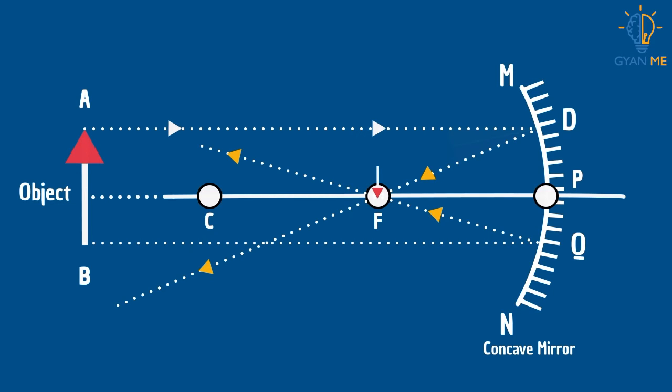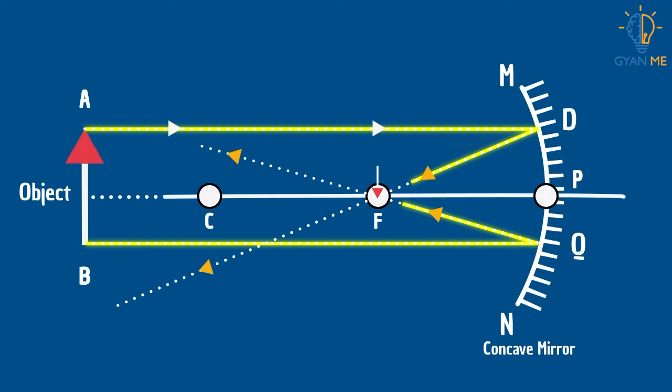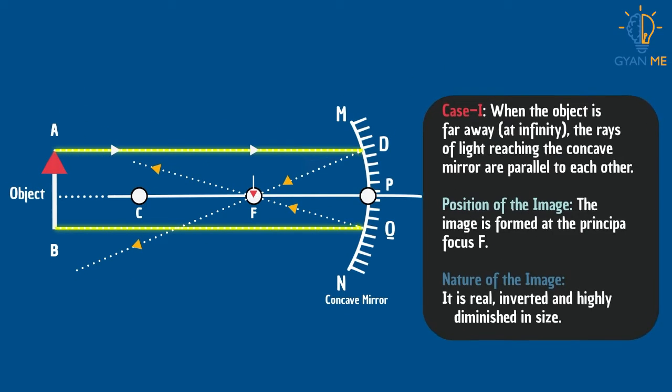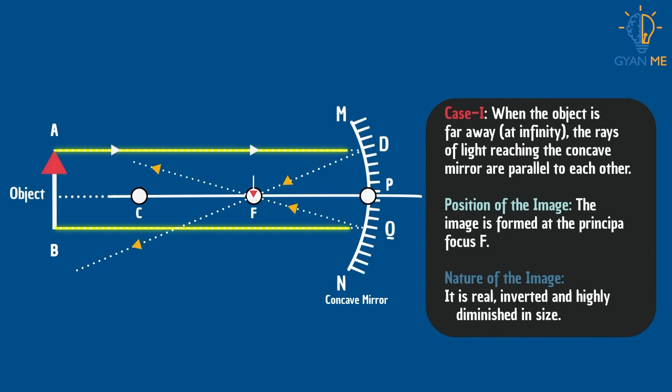As all the rays converge at actually a point, the image is of point size. The image is real as rays are actually meeting at F, and we know a real image is always inverted in nature.